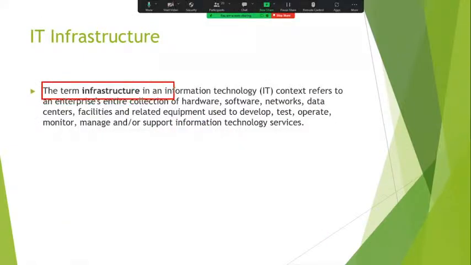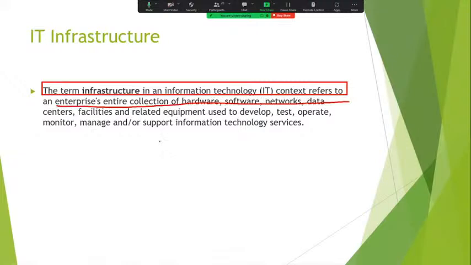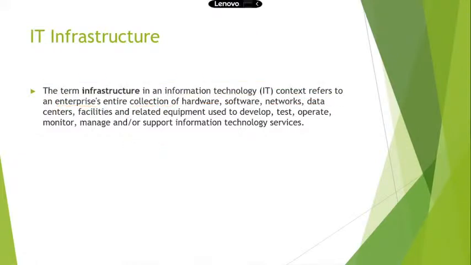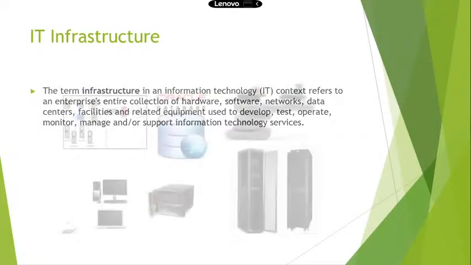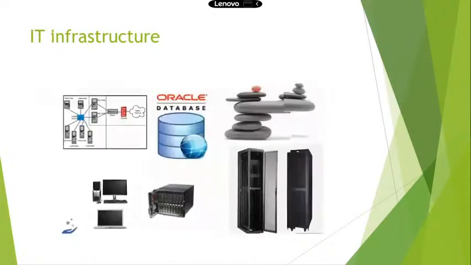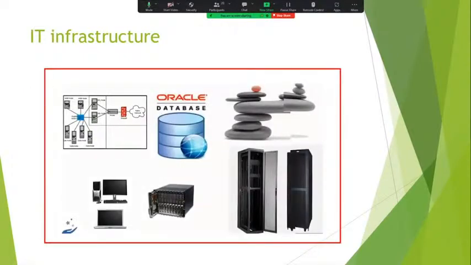The term infrastructure in information technology refers to a collection of hardware, software, switches, network, and load balancer. Now, to maintain our own IT infrastructure, we require one DC. What is the DC?